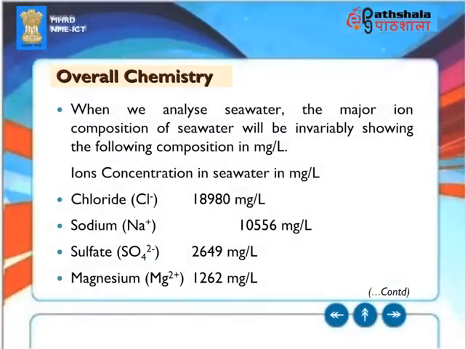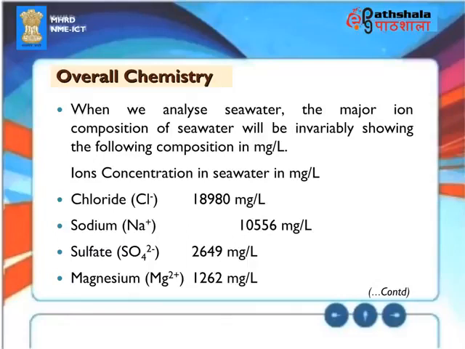Overall chemistry. When we analyze seawater, the major ion composition will invariably show the following composition in milligrams per liter. Chloride, Cl-, 18,980 milligrams per liter. Sodium, Na+, 10,556 milligrams per liter.